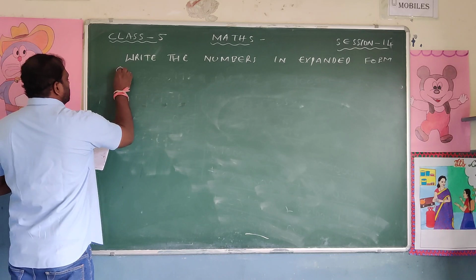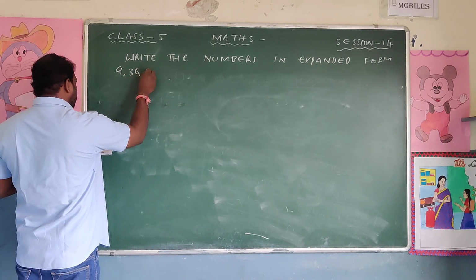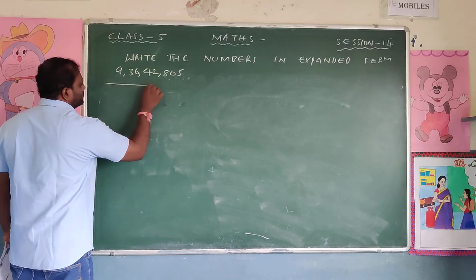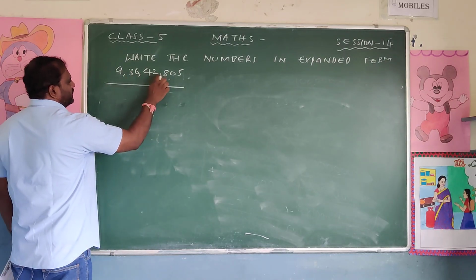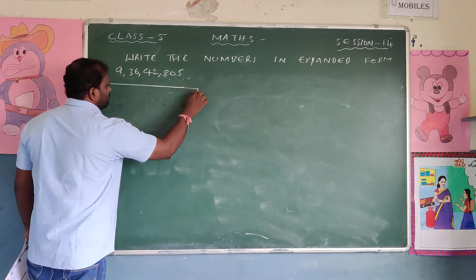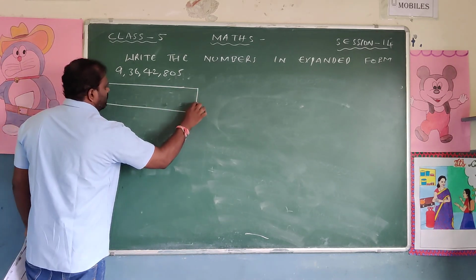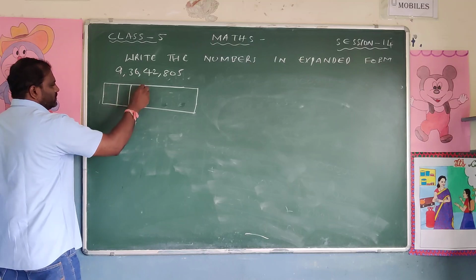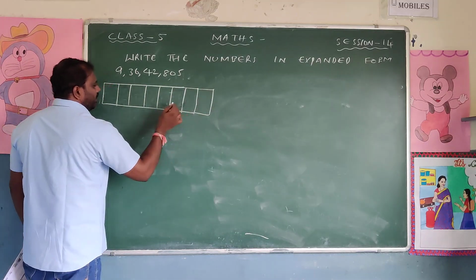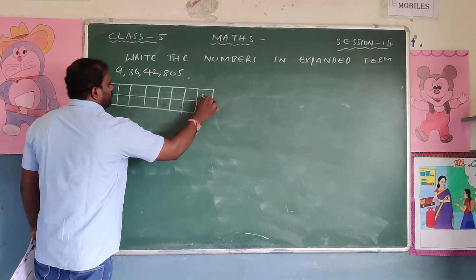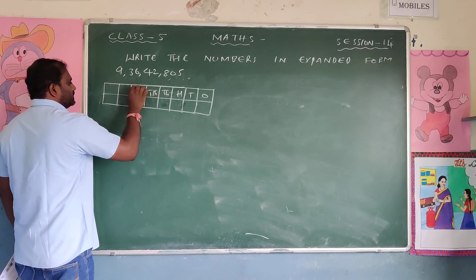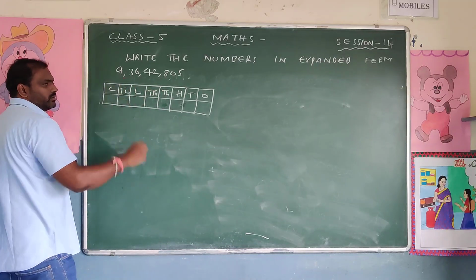So this is 9 crores 36 lakhs 42,805. As usual, 1, 2, 3, 4, 5, 6, 7, 8, so this time take 8 boxes: ones, tens, hundreds, thousands, 10,000s, lakhs, 10 lakhs and crores.